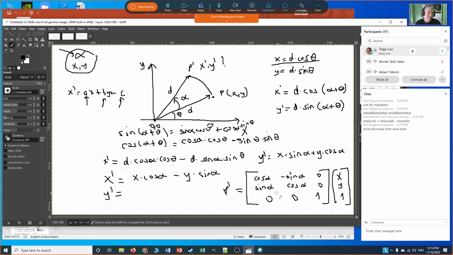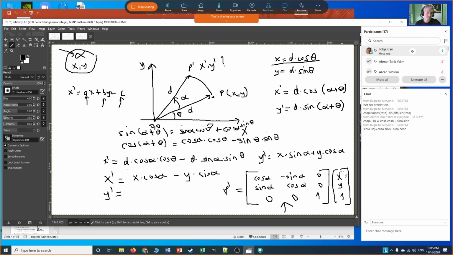So we just derived a rotation matrix, rotate around origin by a given alpha degrees. As you can see, this is a general formula, a general recipe, a general set of instructions that tell you if you want to rotate a point around origin alpha degrees, all you need to do is form this matrix. I don't even have this matrix in memory, but you know how to derive it. This is rotation around origin. It's not too difficult to memorize. Actually, I could have memorized this.